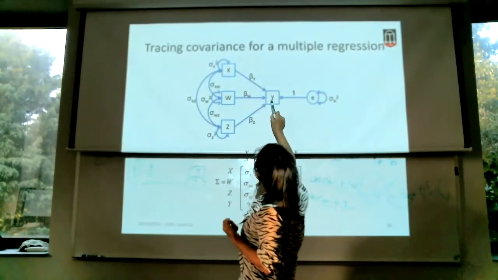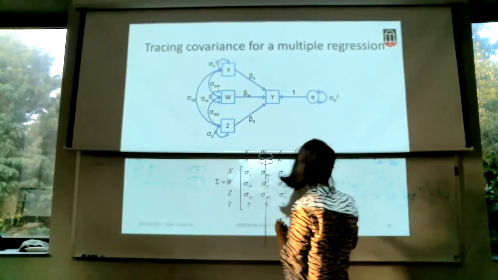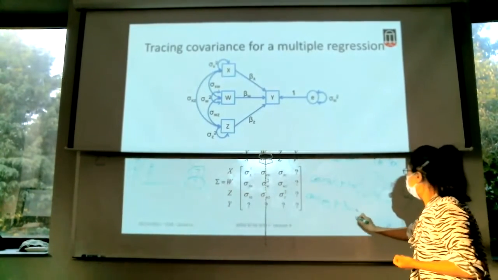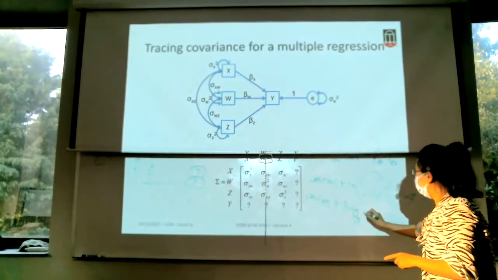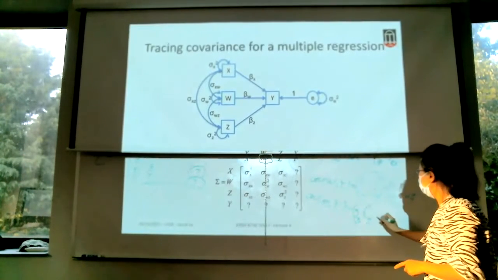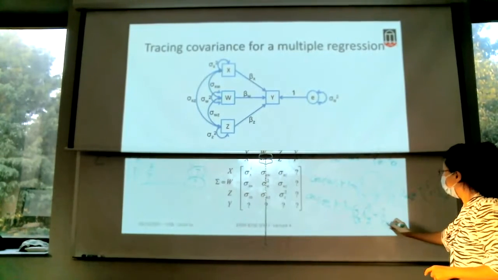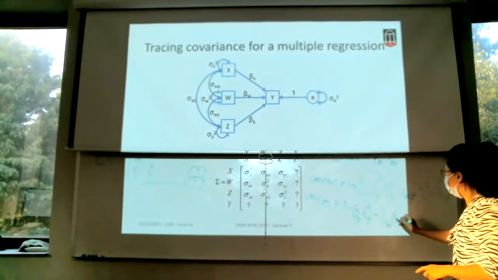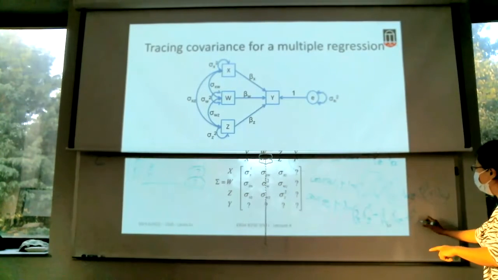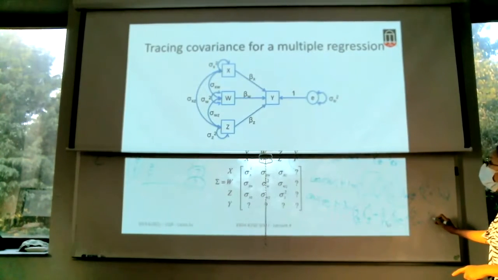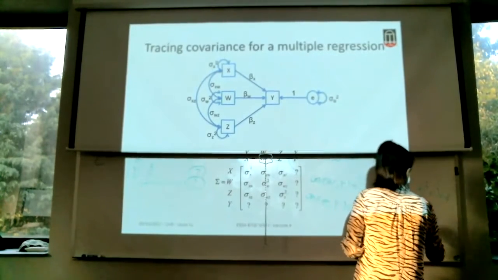You start from Y to X, and then stop at Z. So we have three components again: beta Z and the variance of Z, beta X and the covariance between X and Z, and beta W and the covariance between W and Z. Okay, done, three components.